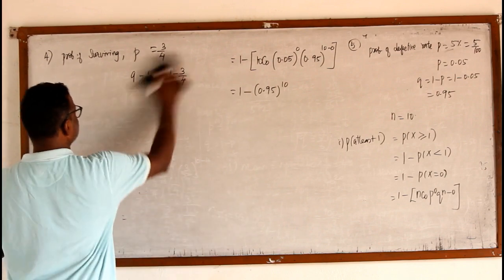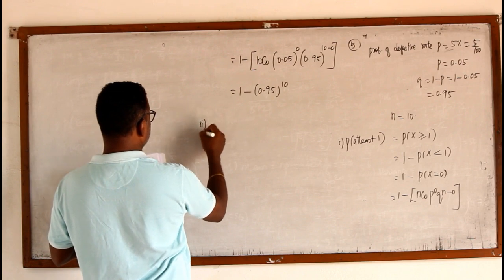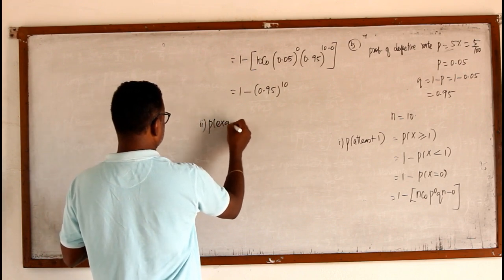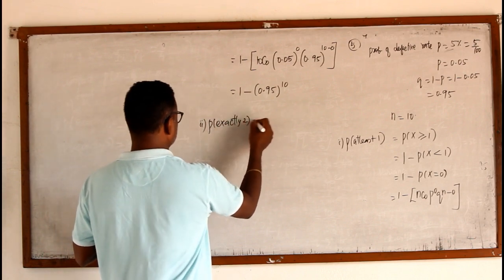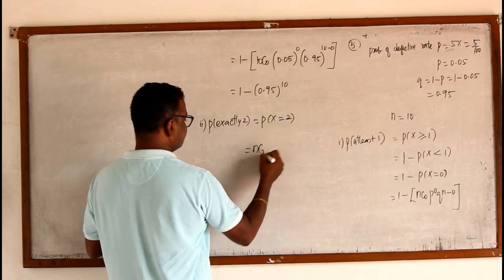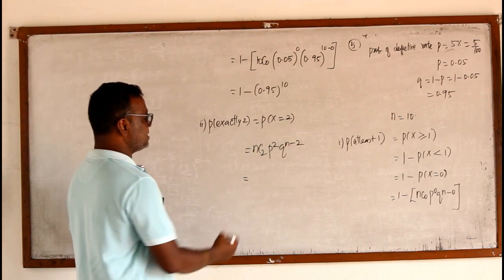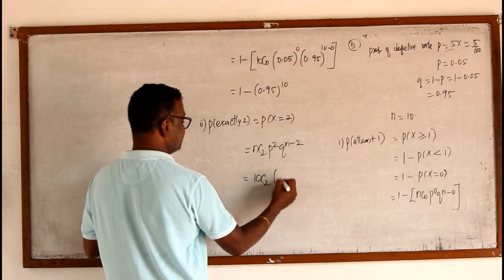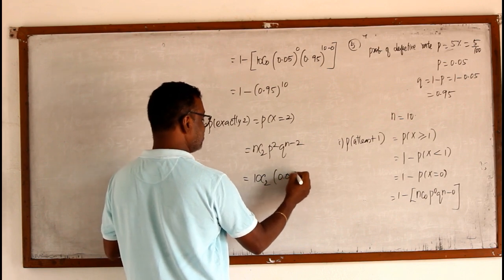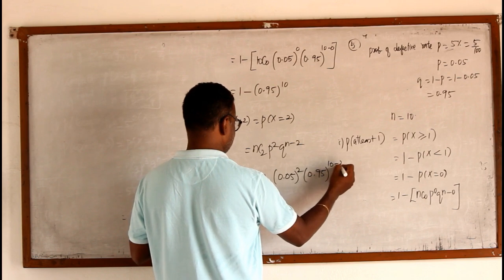Now, the second question is exactly 2. Probability of exactly 2 means P of x equal to 2. Formula is nC2 P power 2 Q power n minus 2. n is 10, so 10C2, P is 0.05 whole square, 0.95 whole power 10 minus 2.